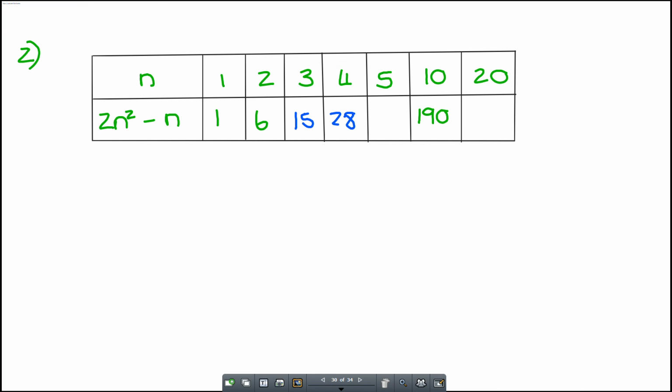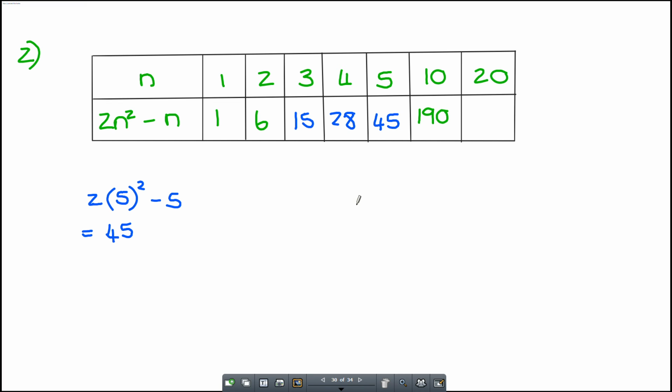Okay, now, from there on, we couldn't count the dots in the picture, so then we had to go and substitute. So to get pattern 5, I would say 2 times 5 to the power of 2 minus 5. And that gave me 45. Right, then we also had to get to 20.